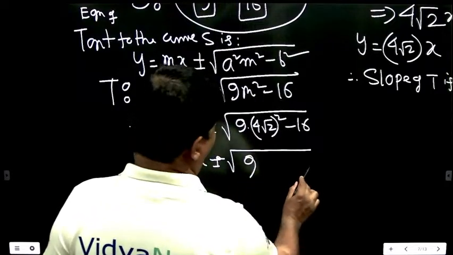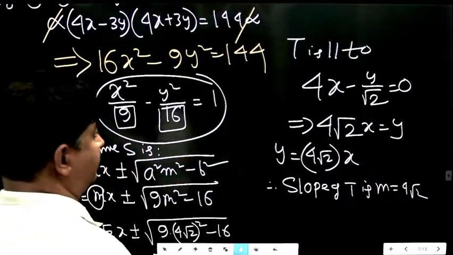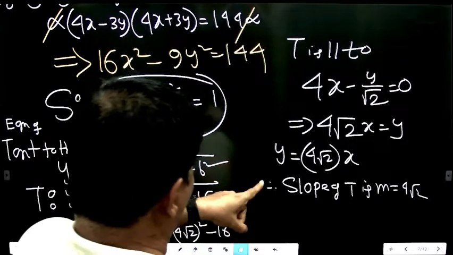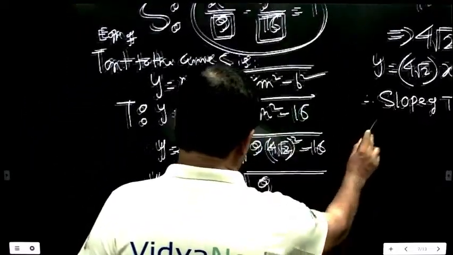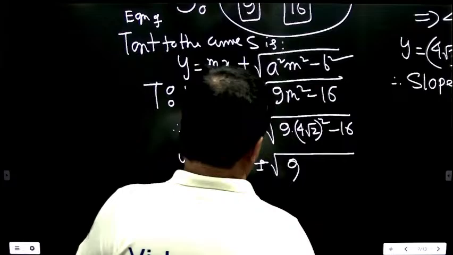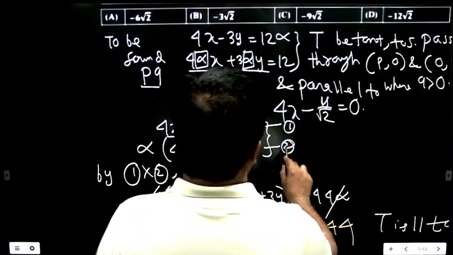See here, slope is what? T is parallel to this, means y is equal to mx, slope is m. M is 4 root 2, we have placed here.